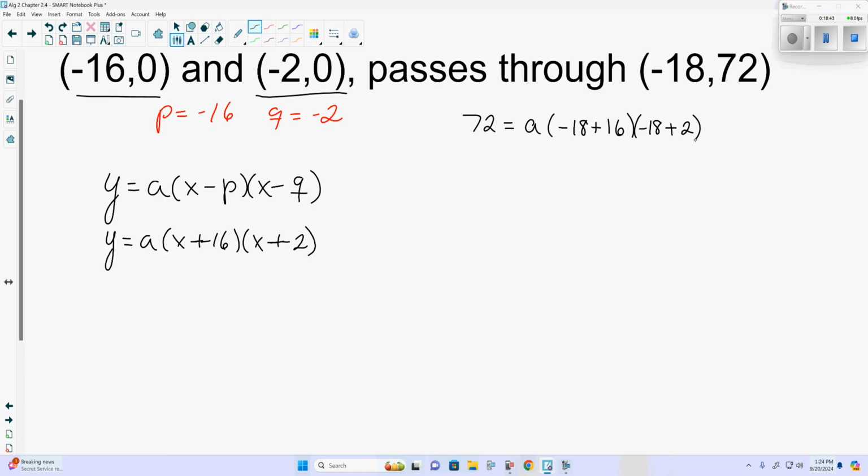And then we use our point. 72 is our y, -18 is our x. -18 plus 16 is -2. -18 plus 2 is -16.